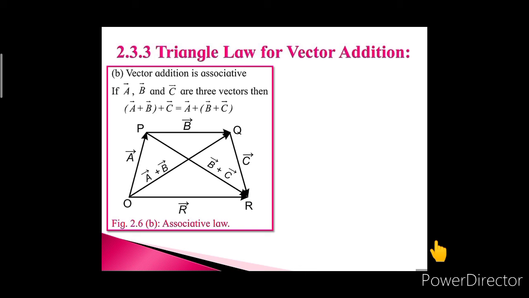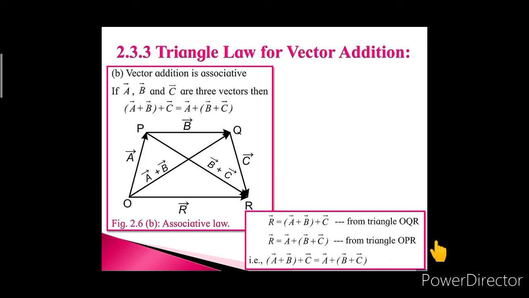Over here in this figure, vector A is to be added with vector B by using the triangle of vector addition. Vector A, which is to be added with vector B, represents two sides of the triangle.